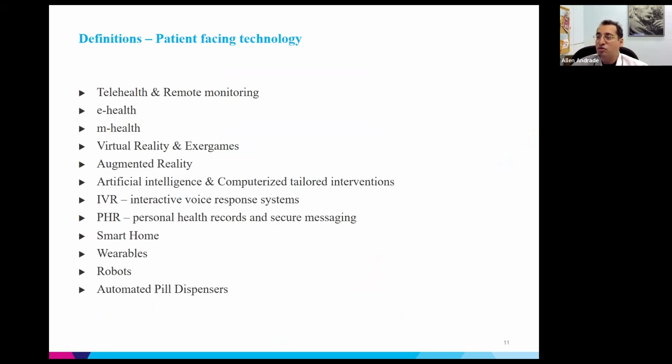So when it comes to digital interventions, there are a wide variety of patient-facing technologies that are available. Perhaps the most studied and the most used is telehealth, and that comes in many flavors, including remote monitoring, store and forward.